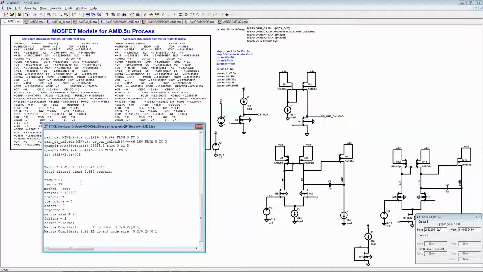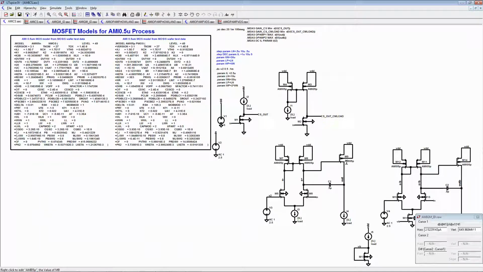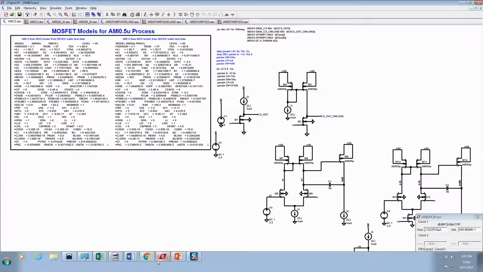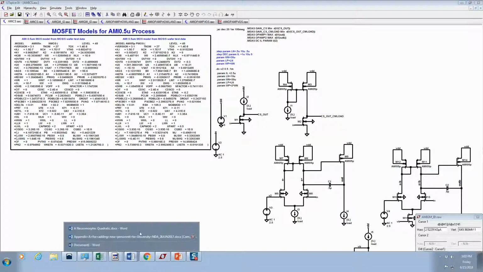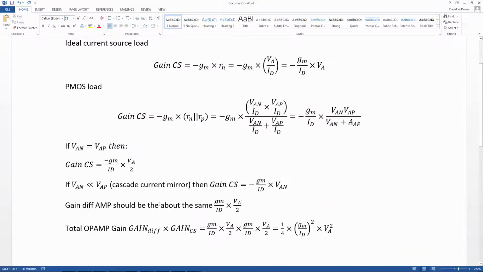Now, the next thing I want to do is find what's the gain when I have a PMOS current source. So that's one gain, then I'll multiply by the other gain. And remember, this would be a complete op amp. So I have the gain of the differential pair, the gain of a common source NMOS.